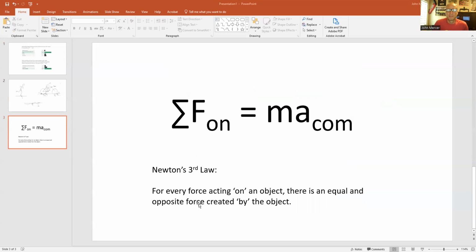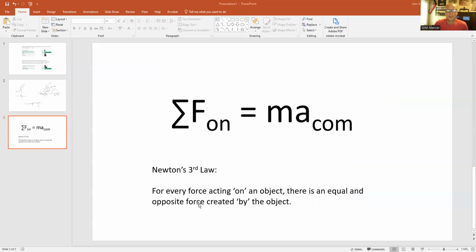This is the equation. This is Newton's second law, and I've added in the "on" and the COM here. To use Newton's second law, we need to identify the forces acting on the object, put them in this equation, add up all those forces, and we get the product of mass of the object times the acceleration of the center of mass of the object.